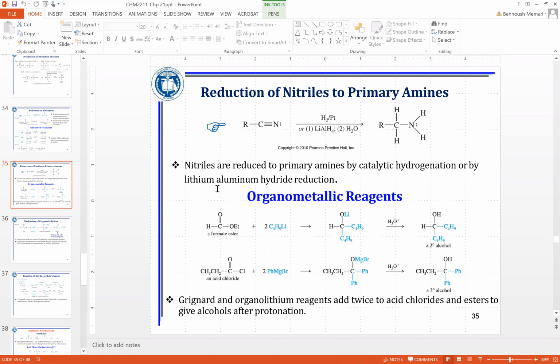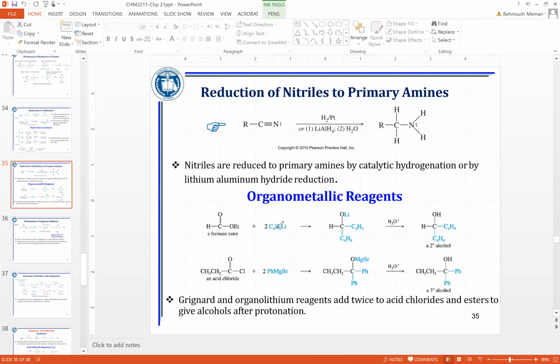Other reactions of acid derivative are with organometallic reagents. Examples of organometallic reagents: we had alkyl lithium, we had Grignard reagent, and we had Gilman reagent, and we are going to look at some of those reactions with the organometallic compounds.